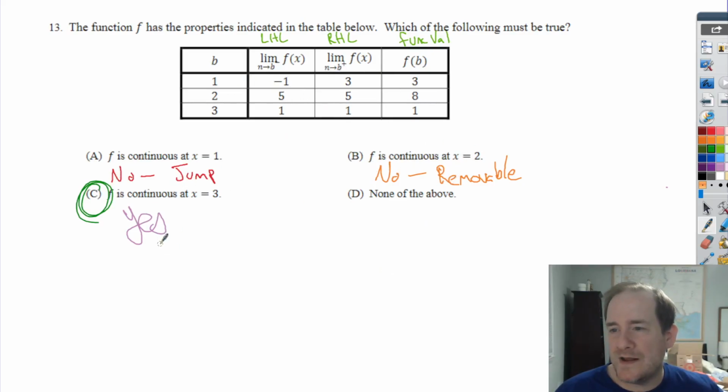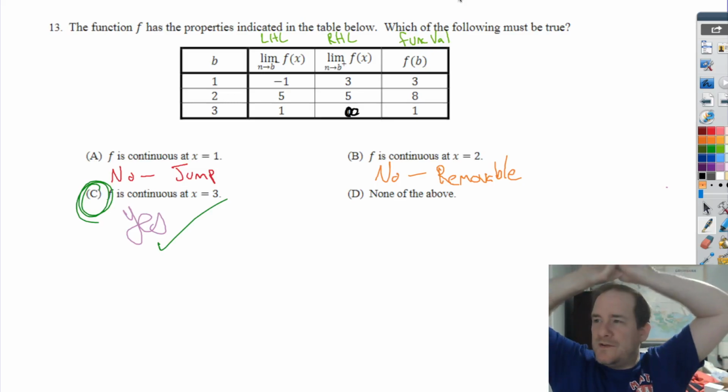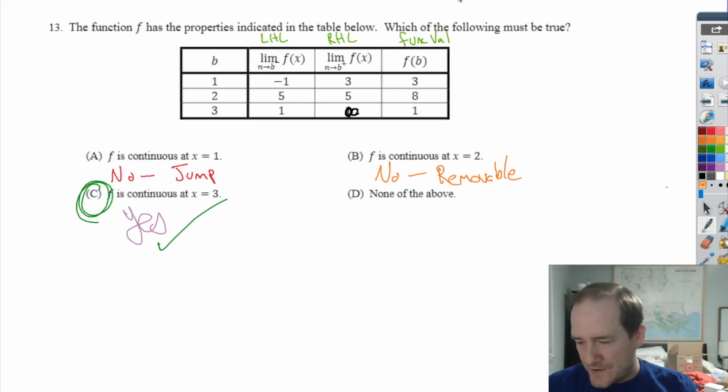What's happening at 3? I'm continuous. And then obviously if this guy happened to be infinity, then we could say that at 3 we're getting an infinite discontinuity. But this is a nice, really simple way to just think about all possible discontinuities with the least amount of information given. No graph, no functions, but you still have all the information you need.